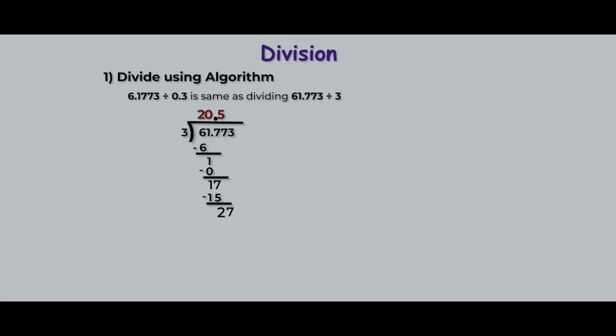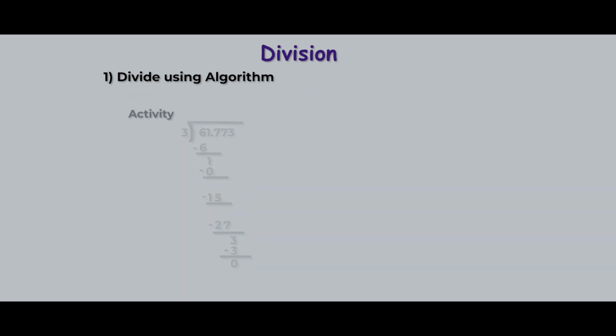That makes 27. 3 times 9 is 27. And then bring down 3, and then 3 times 1 is 3. So, 6.1773 divided by 0.3 is 20.591. Okay, in a similar manner, you try this.